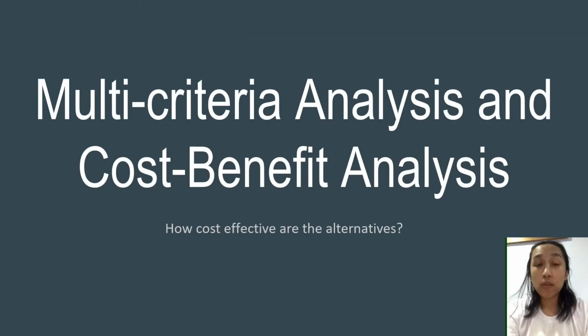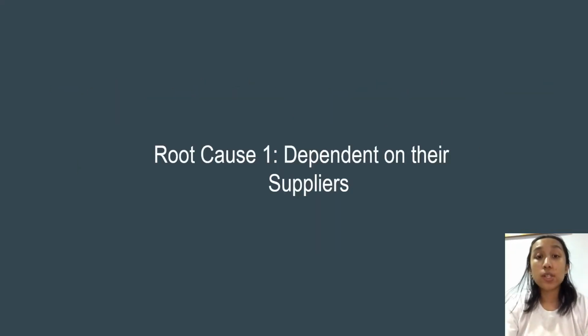Now that we have discussed the decision components for each root cause, we can do a multi-criteria analysis and cost-benefit analysis to see how cost-effective the alternatives are for the company. First, we have root cause 1, dependent on their suppliers, that has two alternatives.